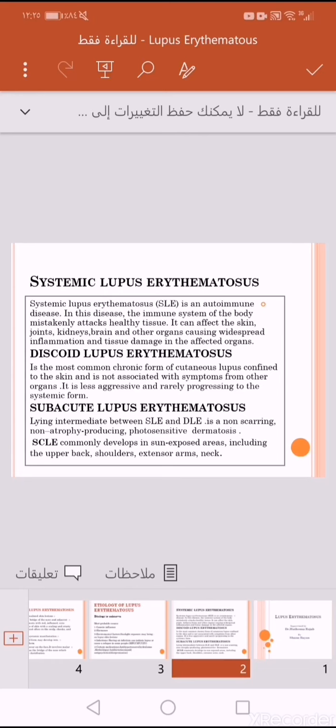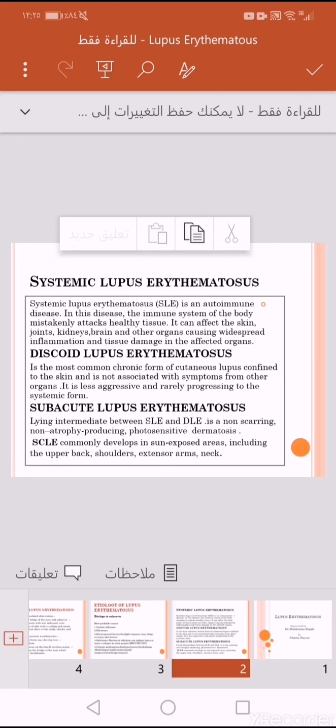It is less aggressive than the systemic form and rarely progresses to the systemic form. It has a cosmetic effect because it primarily affects the face and its aesthetic.